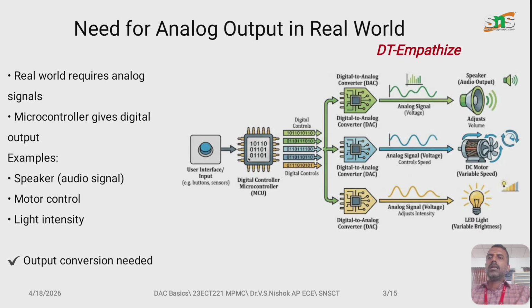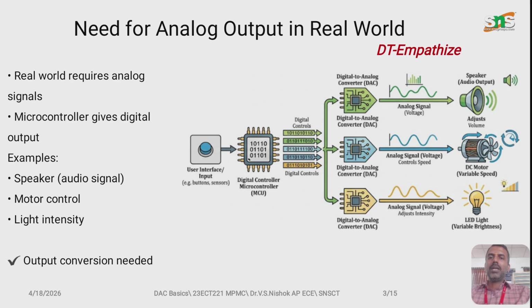So, need for analog output in the real world. From the real world we measure a physical quantity and it is processed by the microprocessor with the help of the A to D converter, and the processed output will be in the form of binary, that is, in digital form.